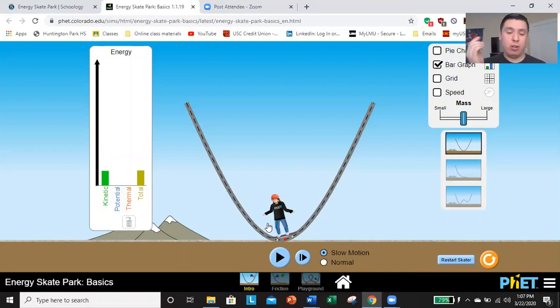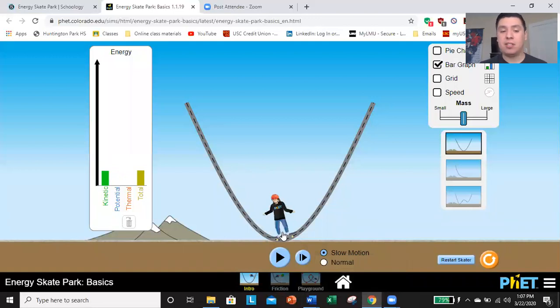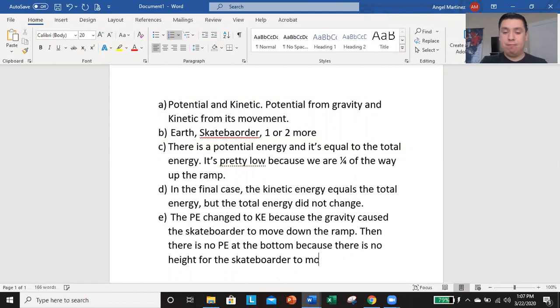Basically, at this point right here, the skateboarder cannot move any more down, so there's no more potential for it to fall, meaning no potential energy. There's no PE at the bottom because there is no height for the skateboarder to move down, leaving only kinetic energy.